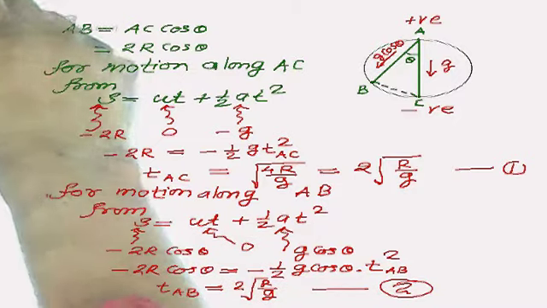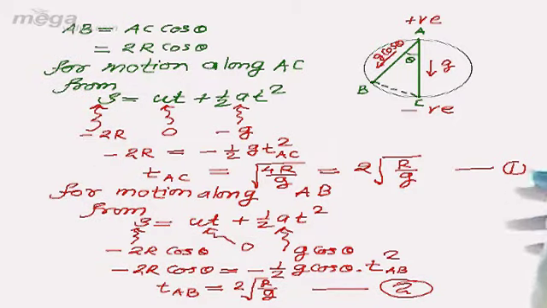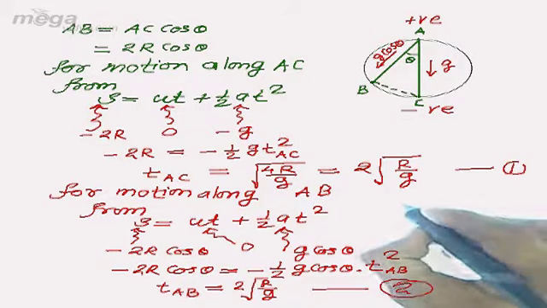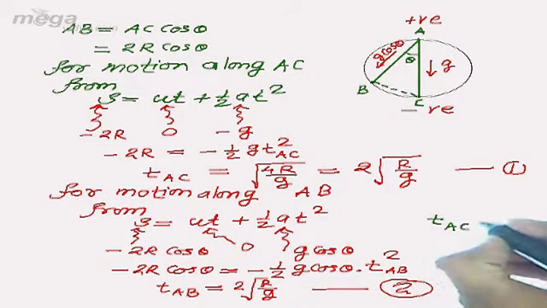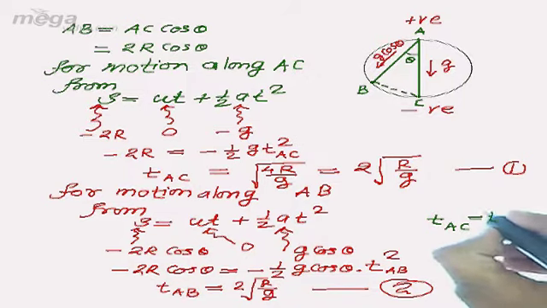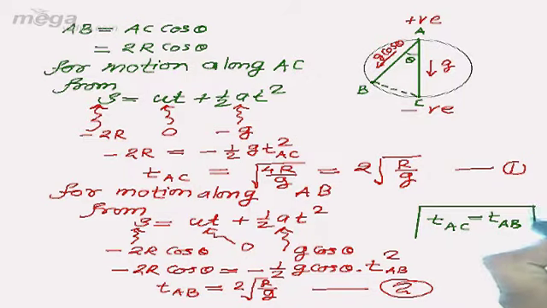Now by analyzing equations number 1 and 2, we can say that the time taken to slide down from A to C is equal to the time taken to slide down from A to B. Hence, we have proved that T_AC is equal to T_AB.